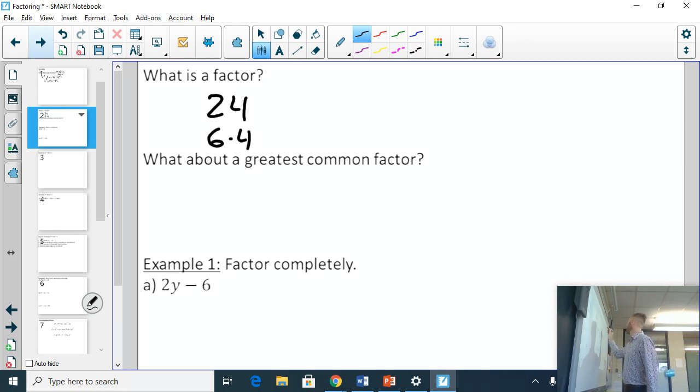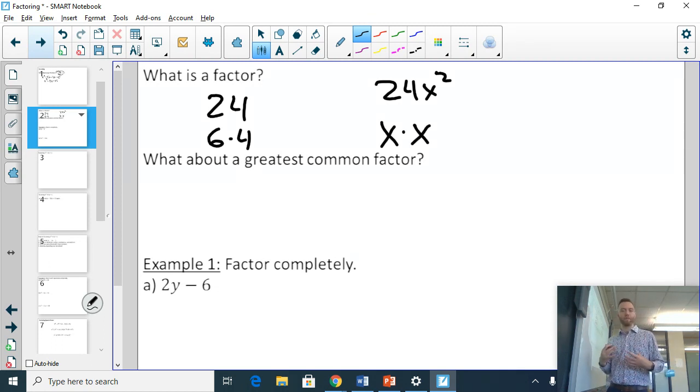And if I had 24x squared, then x is a factor, and another x is a factor. So that's what a factor is. And then a greatest common factor is the largest factor that can go into multiple things. We're going to look at an example of that, but this is also known as the GCF.